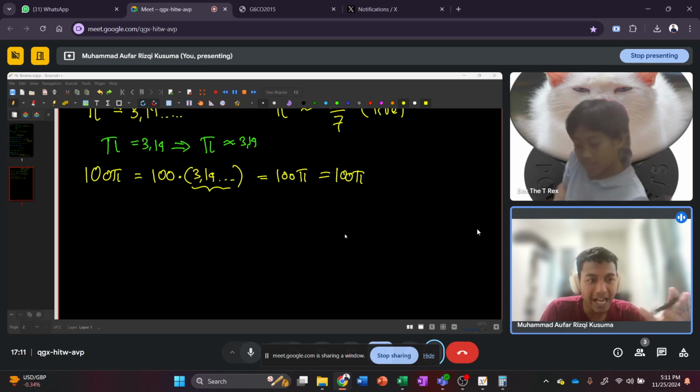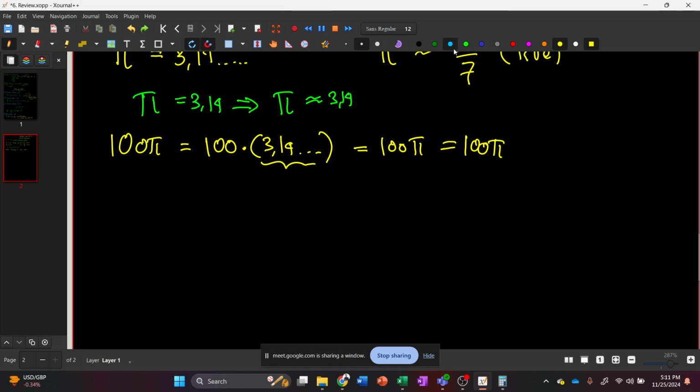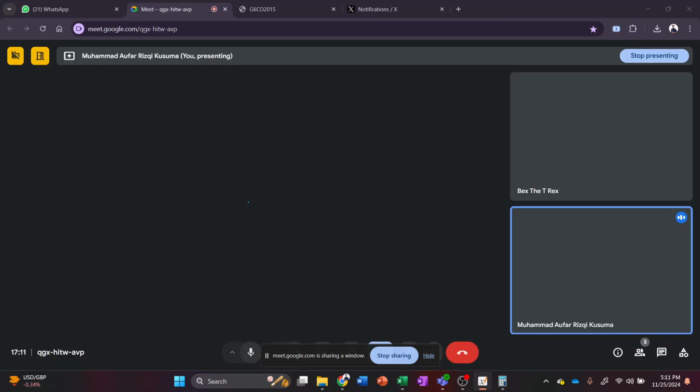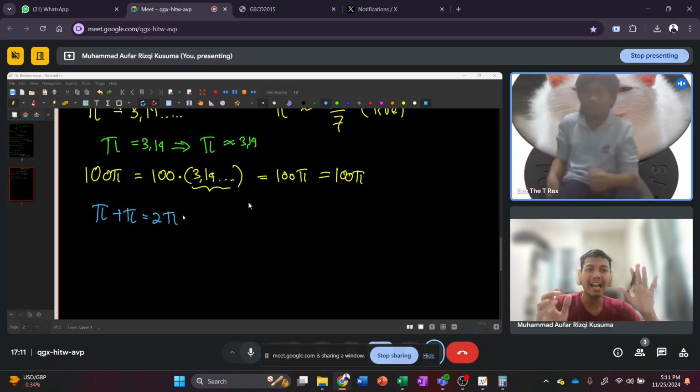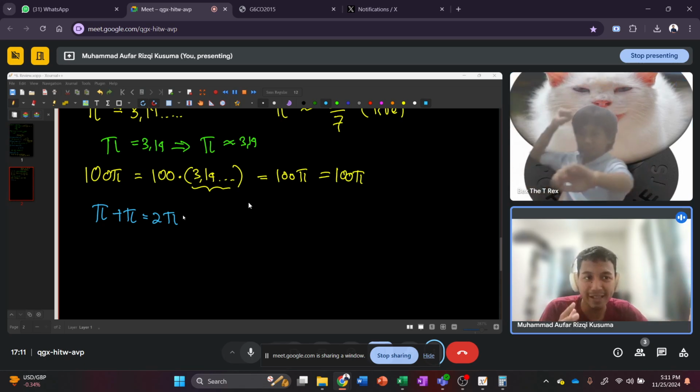We can call pi a number because it obeys the rules that we already had in the first place. If I had pi plus pi, this will become 2 pi, just the same as x plus x is equal to 2x, right?